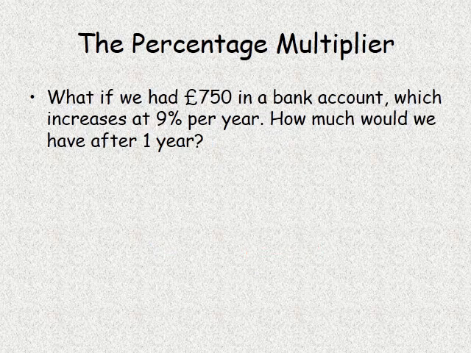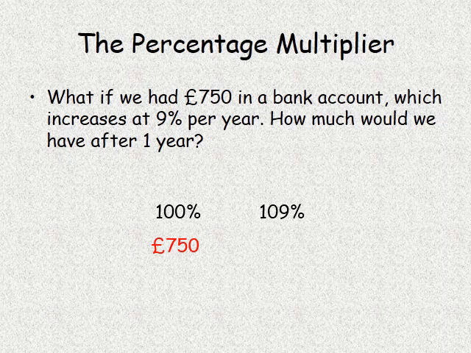Next one. Okay, what if we had 750 in a bank account which increased 9% per year? How much would we have after 1 year? So we have the 750 there, which of course is 100%. Then after 1 year we have 109%.